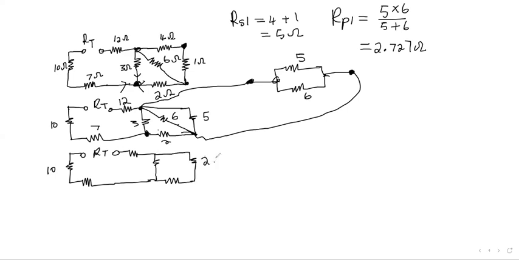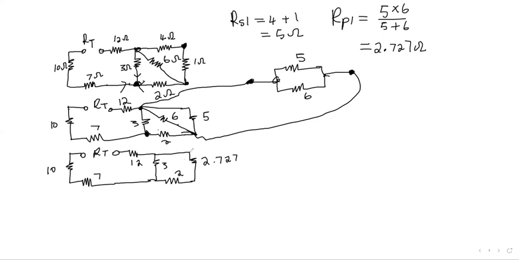I got 2.727. Then still this is my 3 ohm. My 2 ohm doesn't change. 12 ohm. The circuit will remain the same while I'm not working. So I've replaced 5 and 6 with 2.7. Why? It's because parallel. And to find the parallel total of them, I got 2.727 ohm.